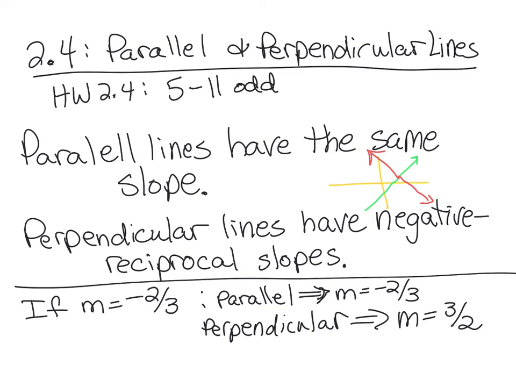No matter where you turn, because the angle between those 2 lines is 90 degrees, if one's positive, the other one's negative. So if one is increasing, the other one is decreasing. That means that your perpendicular lines are going to have negative slopes from each other, opposite signs.